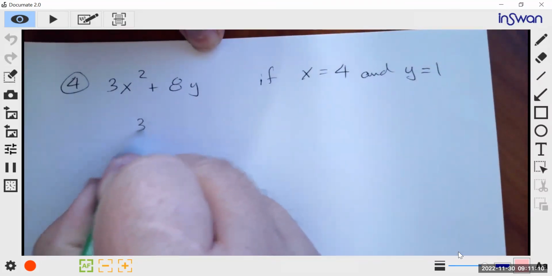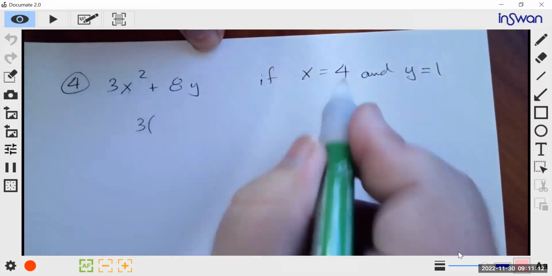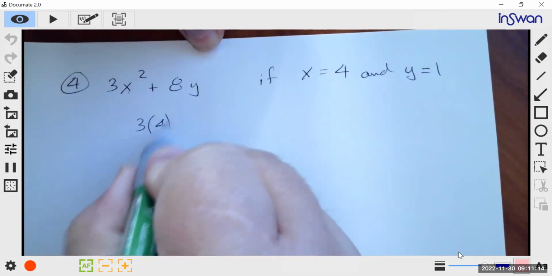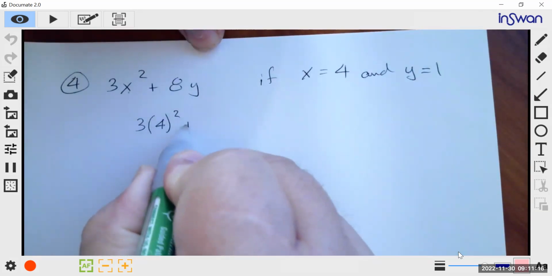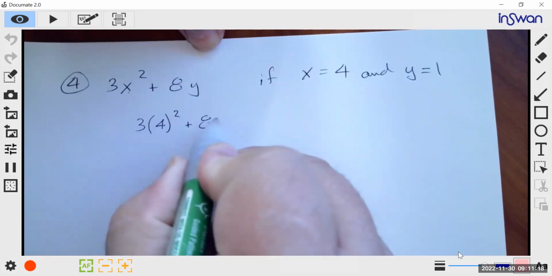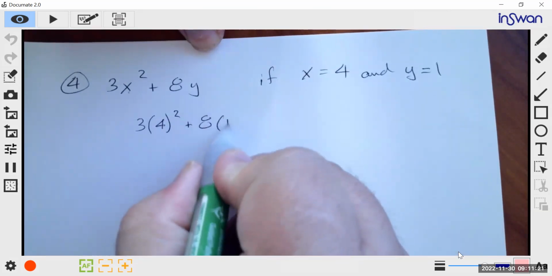So I have 3, here's an x, and x equals 4 squared. y equals 1.